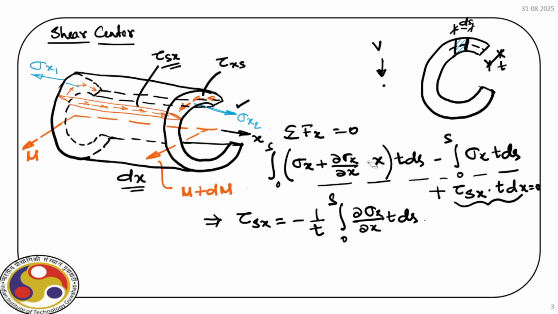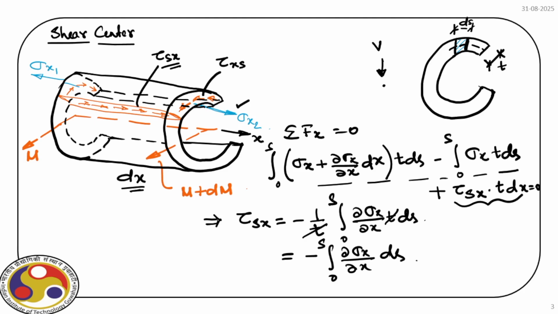Actually, we can replace this delta with d. So this is the length of the cross section. Okay. Now this t will get cancelled. So what effectively we have is minus integral 0 to s of dou sigma x by dou x times ds.